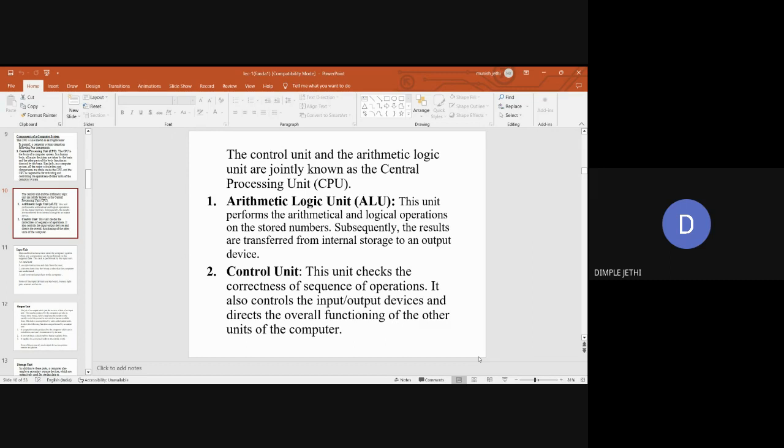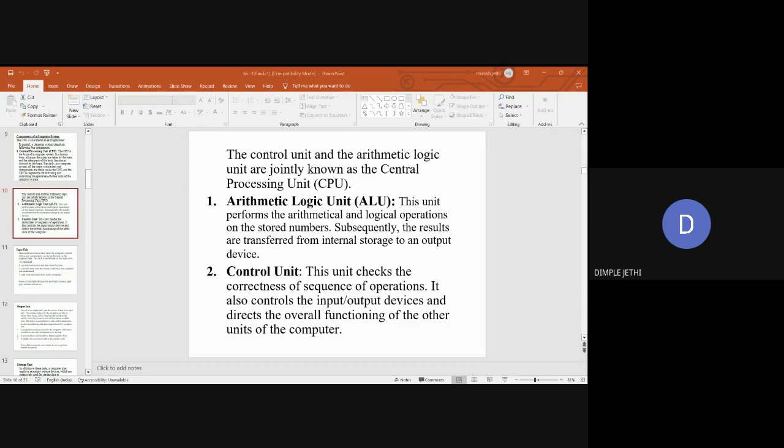Whether all the input is coming, output is going, the sequence of operations. It checks the overall functioning of all the units of computer: whether input is coming on time, whether output is going on time, whether it is connected properly. All that supervision is done by the controller.